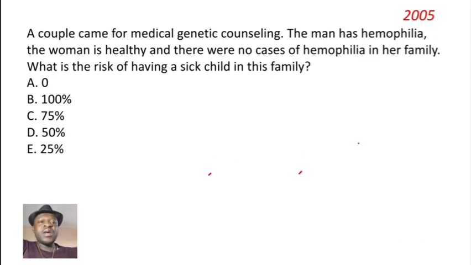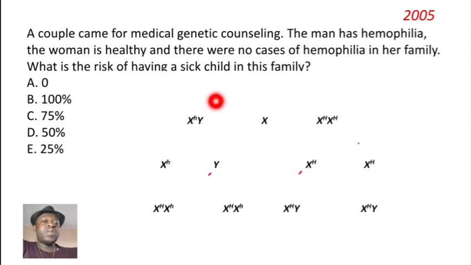A couple came for medical genetic counseling. The man has hemophilia, a bleeding disorder. The woman is healthy, and there are no cases of hemophilia in her family at all. So the genetic presentation will be like this. This one is the father, the husband.